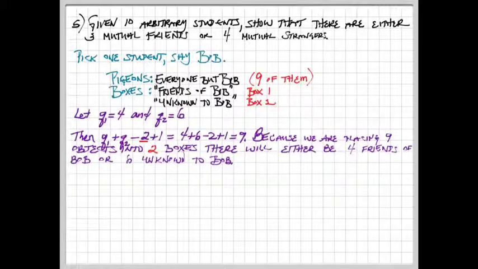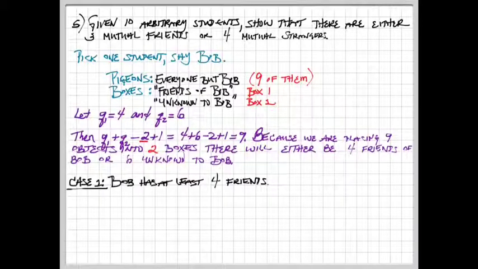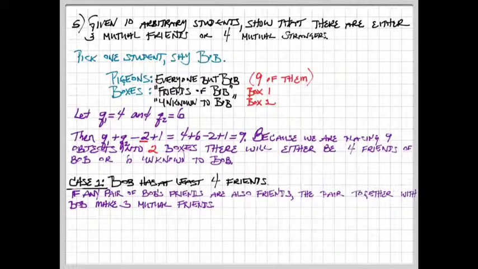So our 2 cases are going to be a little bit different this time. In case 1, assume that Bob has at least 4 friends. As we saw before, if there is a pair of friends in the box, then you take that pair of friends plus Bob, and that will make 3 mutual friends.